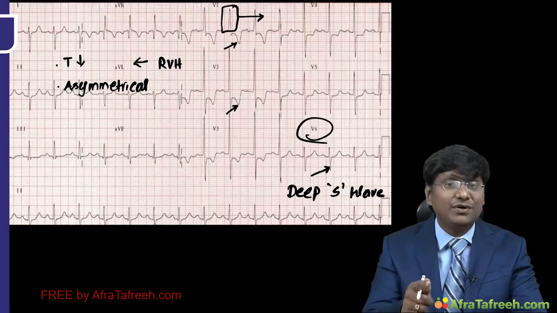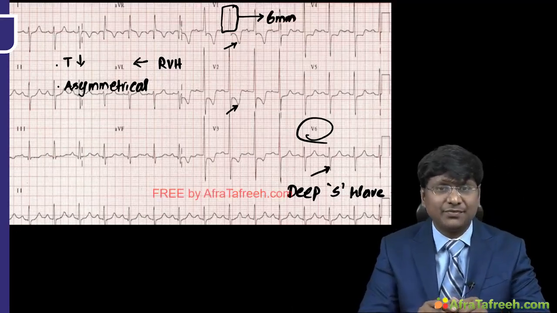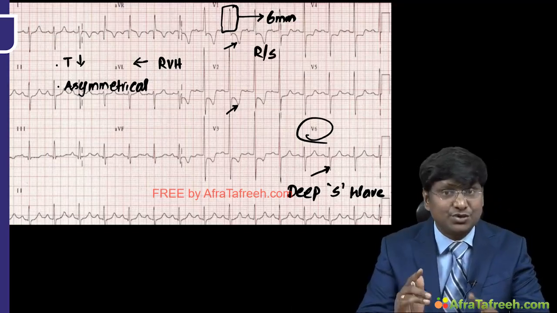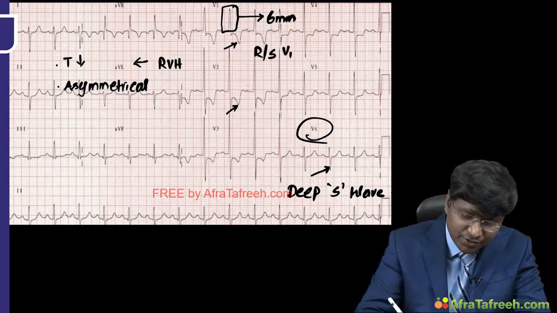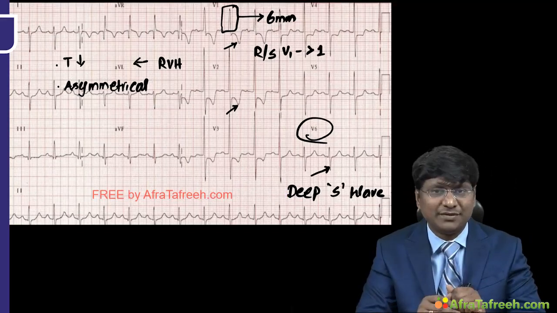The amplitude of the R wave in V1 should be around 6 millimeters. And what should happen to the R by S ratio? The R by S ratio in lead V1 should be more than 1.